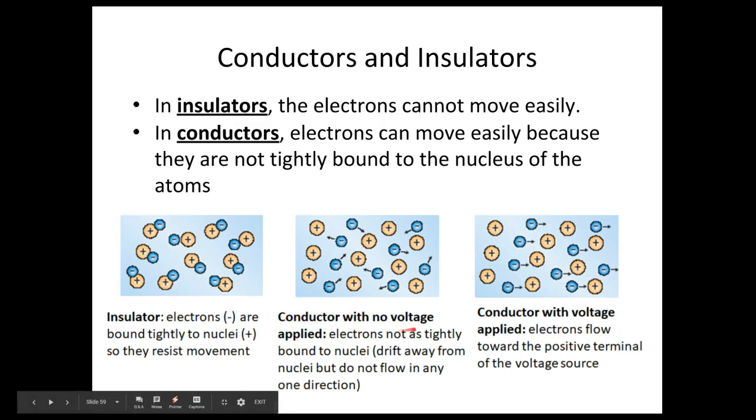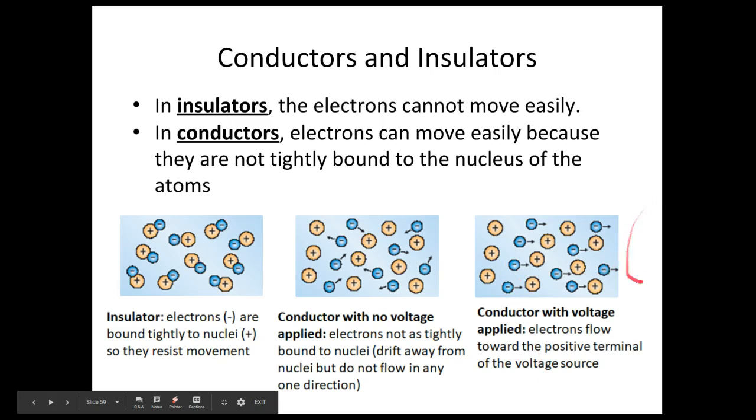A conductor with no voltage applied shows that those electrons are not as tightly bound. They can drift away from the nucleus, which are the positive parts, but they don't flow in any one direction. However, when we apply a voltage to the conductor, then the electrons flow towards the positive terminal.